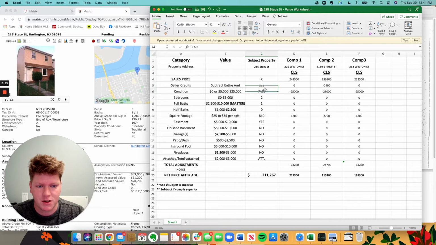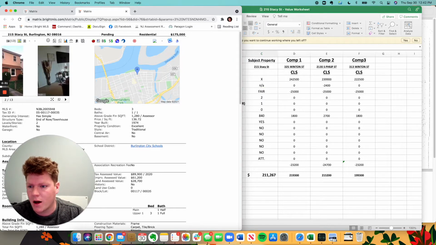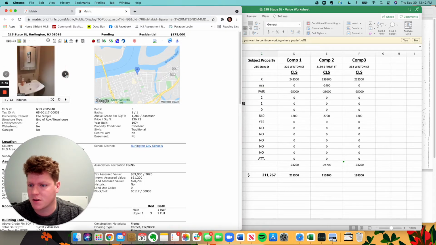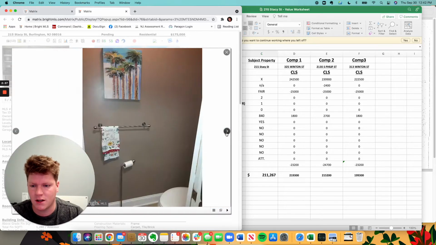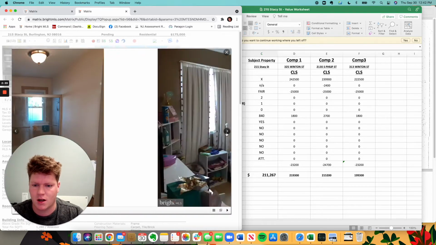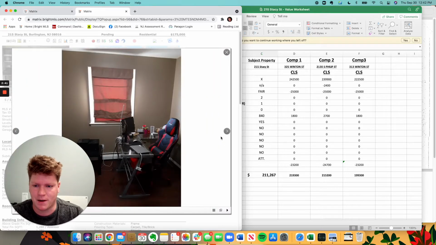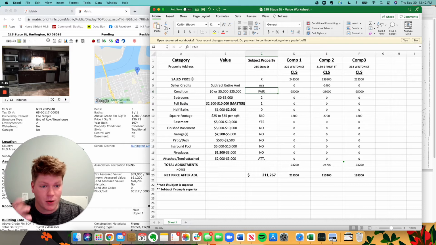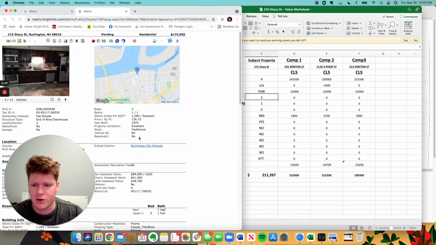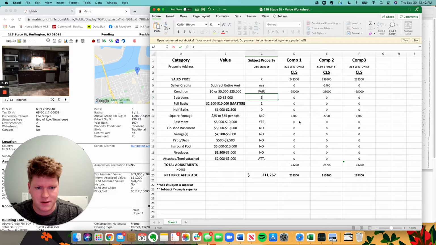So condition for our property is fair. Just looking through the pictures, it's decent. Kitchen's got stainless steel appliances. It's lived in, not in the best condition. Decent paint colors, no central air. Typical. So we'll do fair. Bedrooms, it's 3. Baths, it's 1.5. One full bath, 1 half bath.